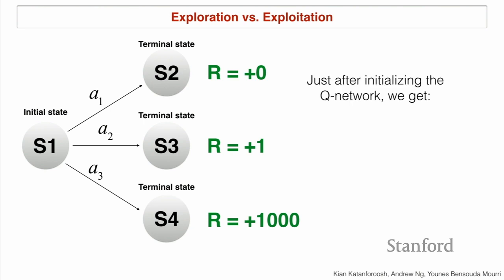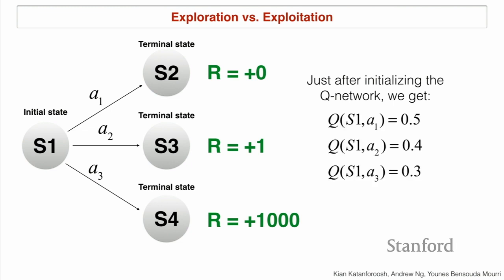Just after initializing the Q networks, you get the following Q values. We propagate S1 in the Q network and get 0.5 for taking action 1, 0.4 for taking action 2, 0.3 for taking action 3. So this is obviously not good, but our network was randomly initialized. What it's telling us is that 0.5 is the maximum, so we should take action 1.